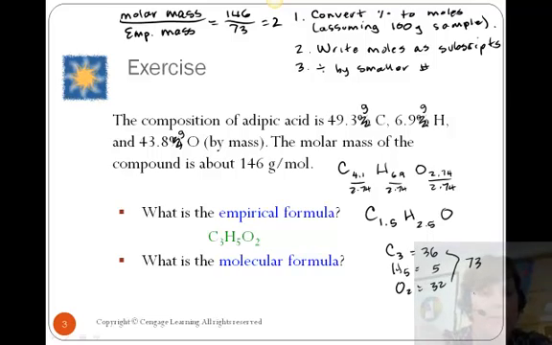And of course we get the number 2. That means the molecular formula is 2 times as big as the empirical. And you can see the answer, C6H10O4, is the molecular formula for this particular acid. And that's how we do empirical formula and molecular formula. A very common, straightforward, easy calculation that you should be familiar with.